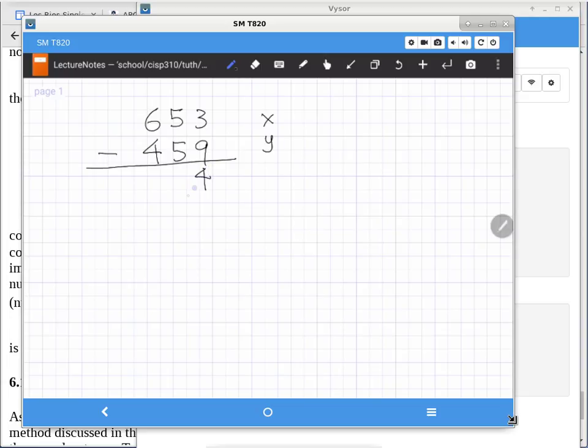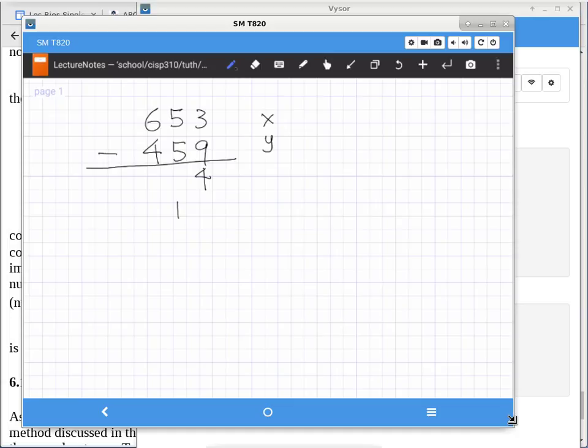But the borrow is borrowing from the next available digit, the more significant digit. So every time, even though we are saying we are borrowing 1, we're borrowing the quantity of 1, but the unit is not 1. The unit is 10 times what the column that we are working with is representing.